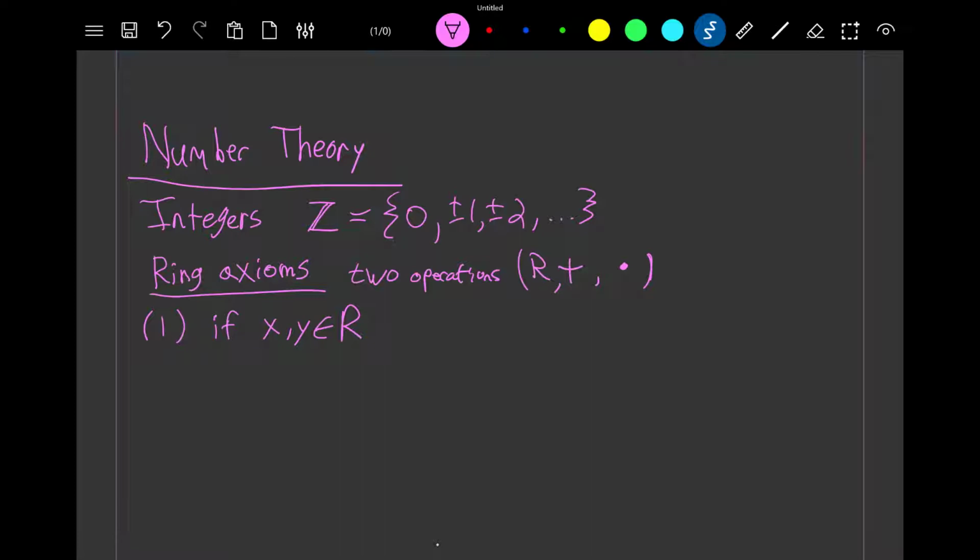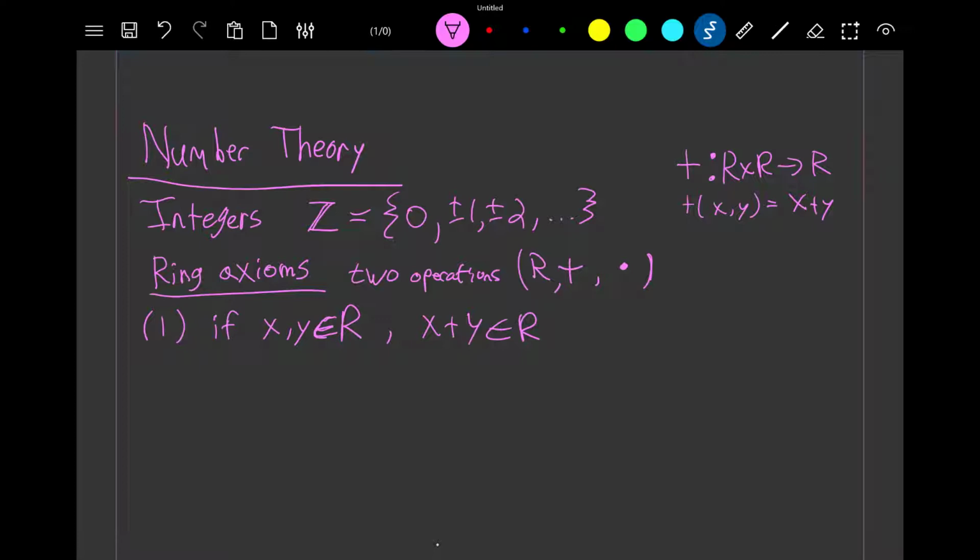So if we have x, y in R, and this symbol right here just means is an element of the set. So if you have two elements of your ring, then if you add them together, it's in your ring. What we really mean by plus is a function from R times R to R, where if you plug in x and y, this is just going to be x plus y.